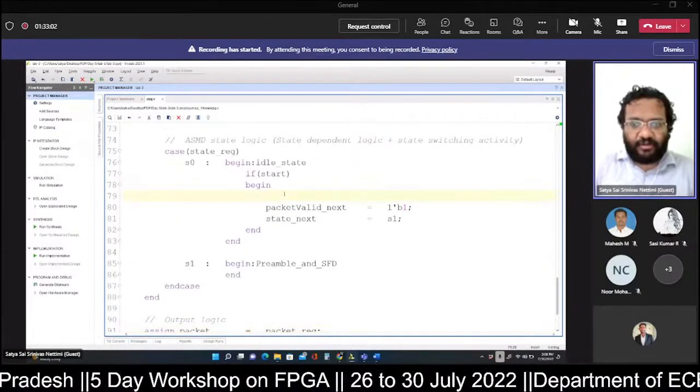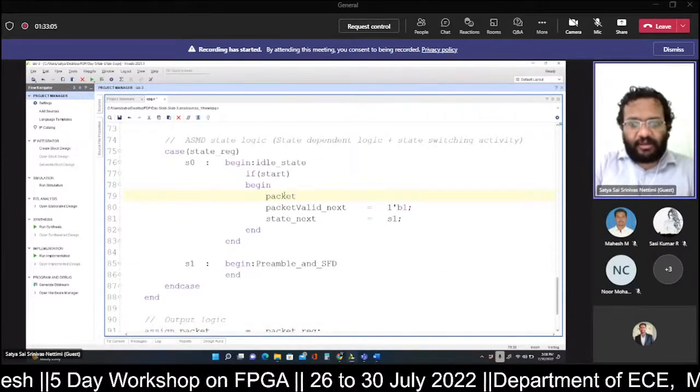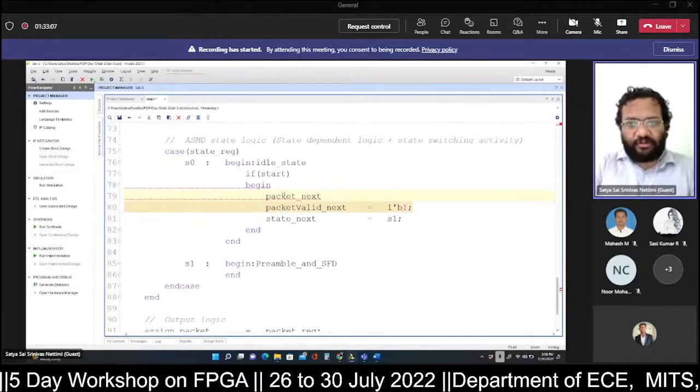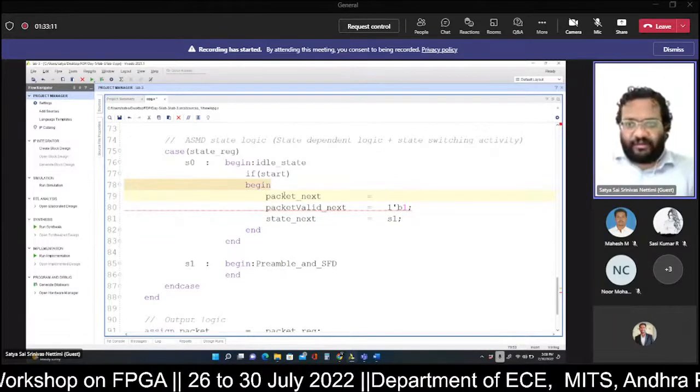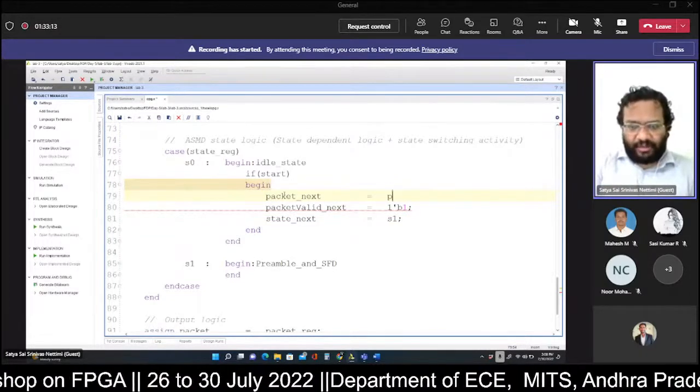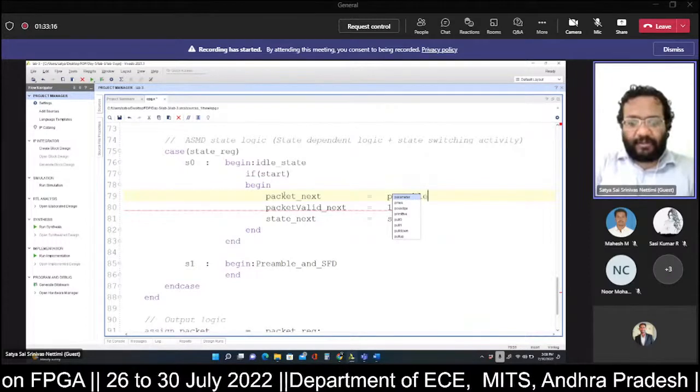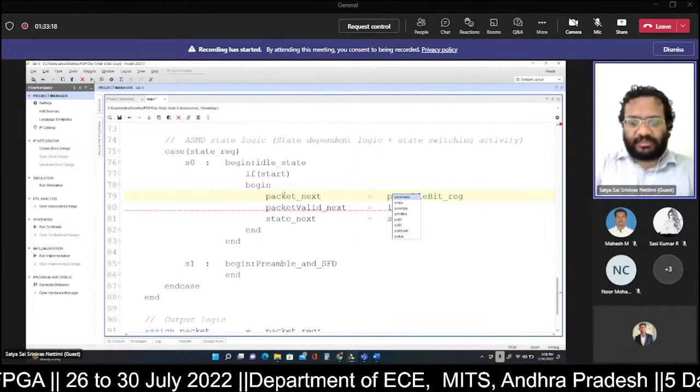Via packet underscore next, I am sending the data that is available in the preamble bit register.